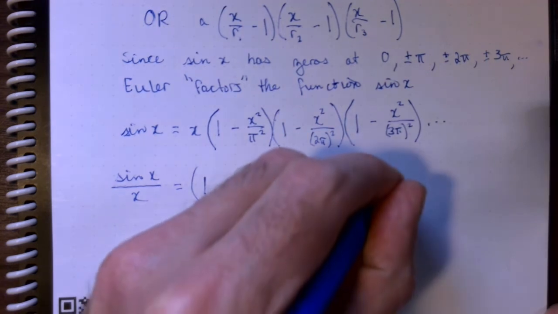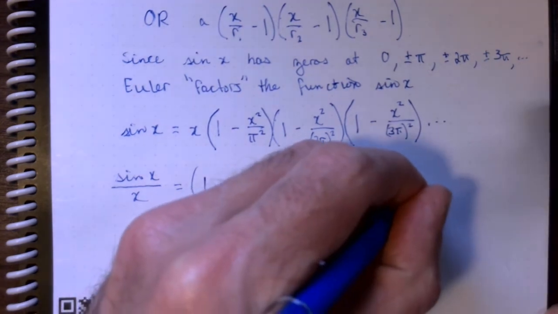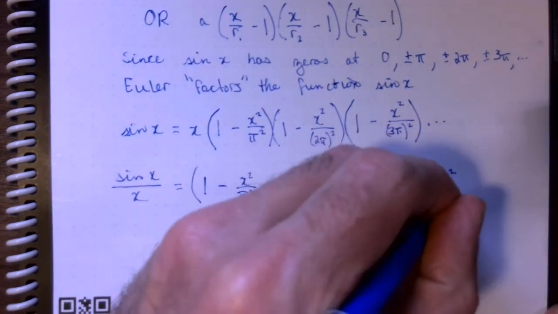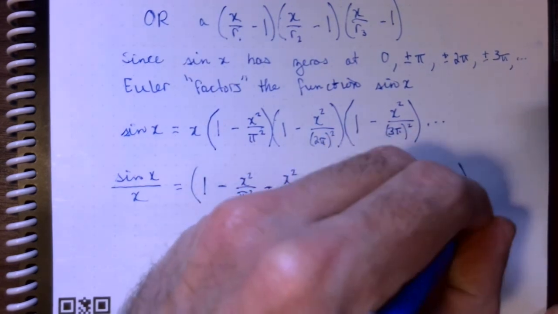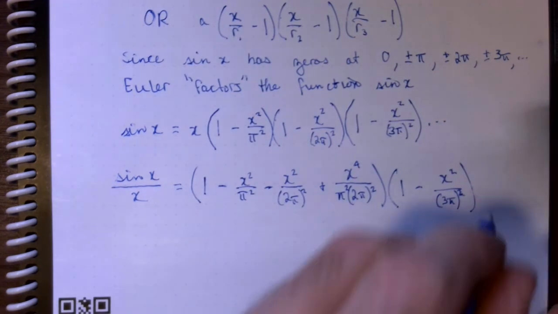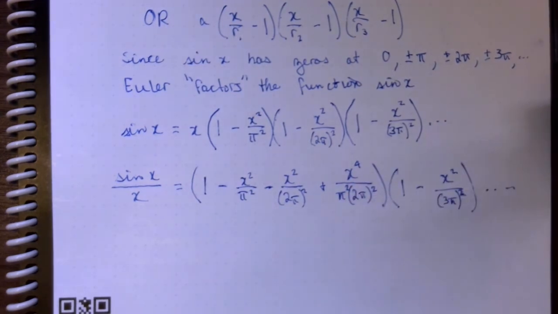Okay, and then of course I still have that next factor sitting out there, 1 minus x squared over 3 pi squared. And of course I have infinitely many factors over there that I haven't written.